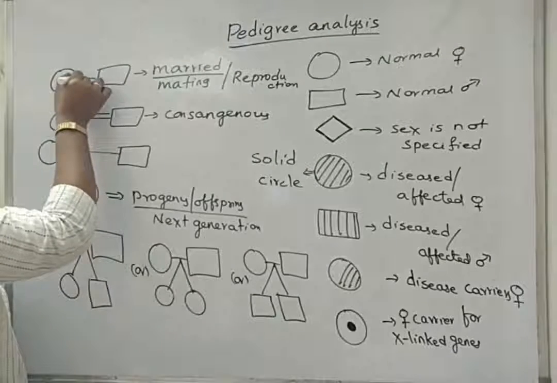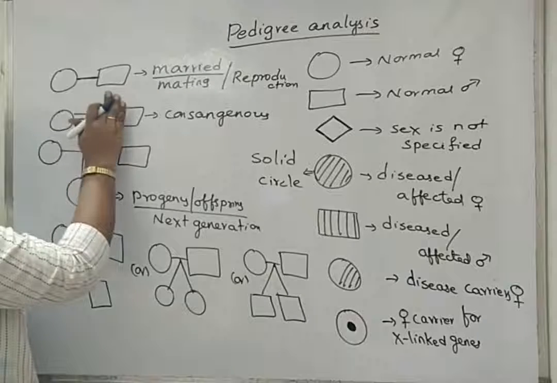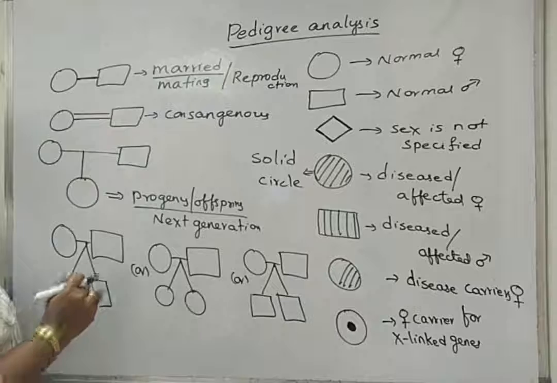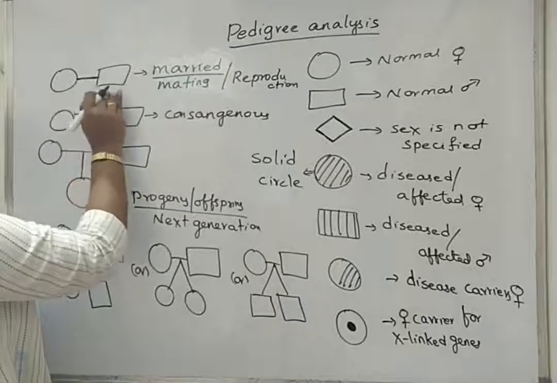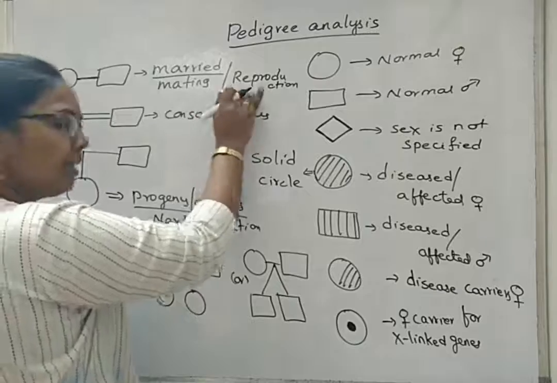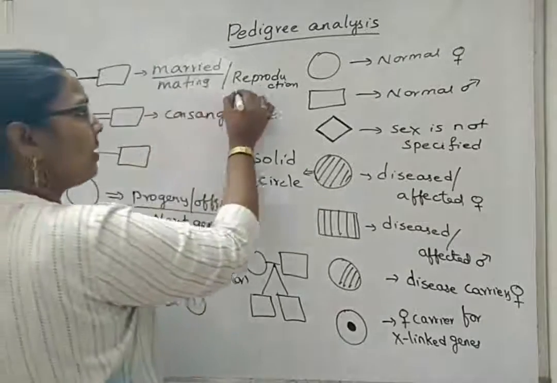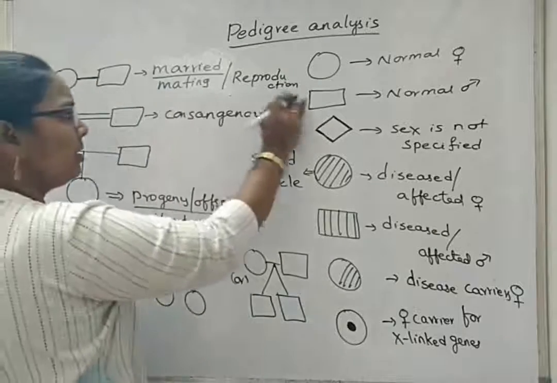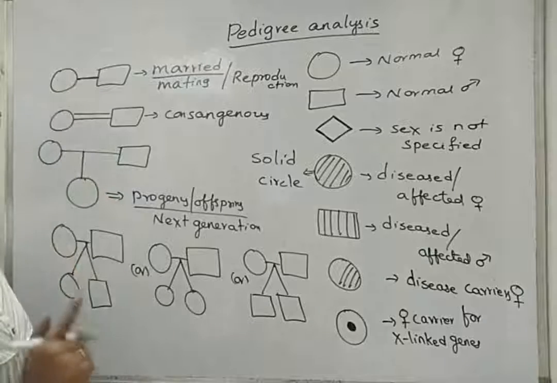Next, if the circle is horizontally connected with a square box without any shading, it means the chart is telling us about a married couple, representing the mating between two persons, a male and a female. Sometimes, without giving this diagram, they will use a term like reproduction. We must be able to frame this normal circle and square box connected horizontally with a single line.